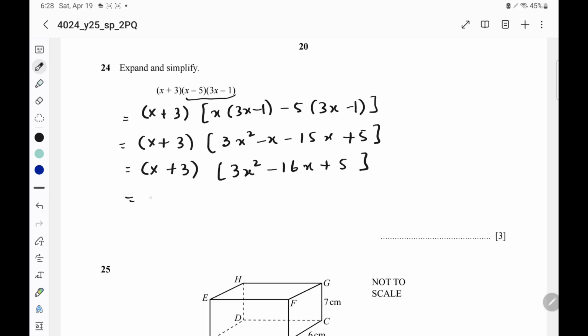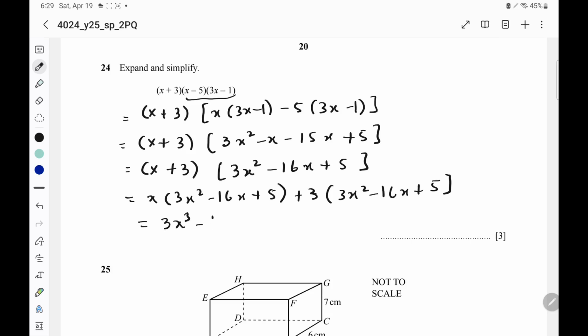Now I'm expanding the first bracket: x times 3x square minus 16x plus 5, and plus 3 times 3x square minus 16x plus 5. Now you have 3x cube minus 16x square plus 5x plus 9x square minus 48x plus 15.